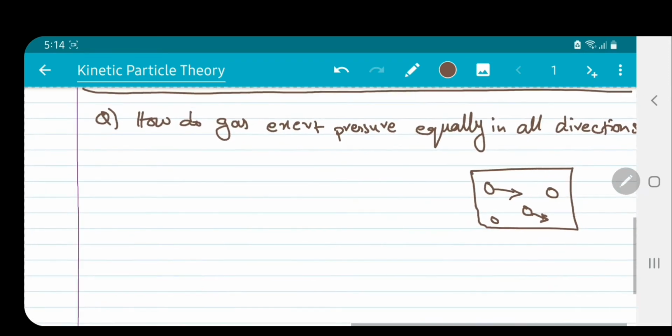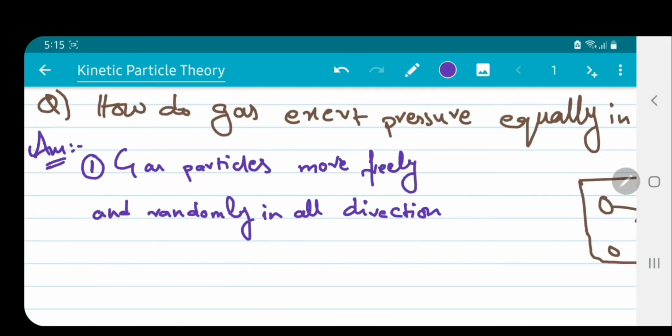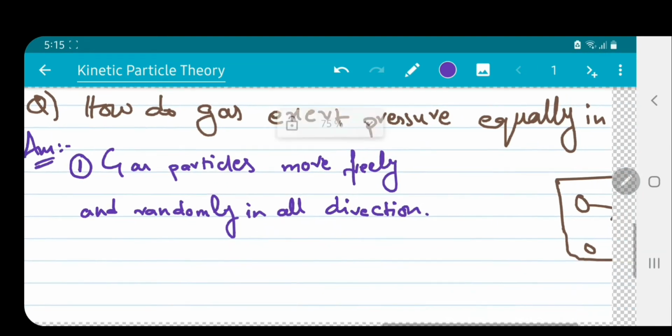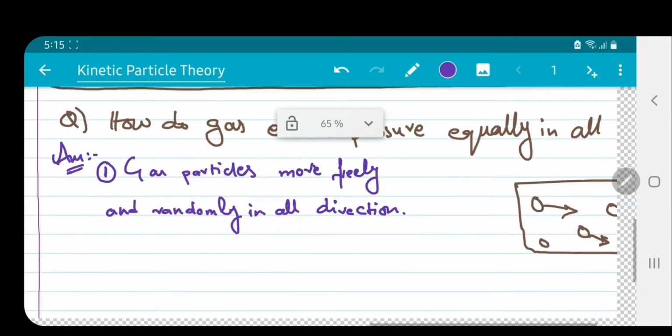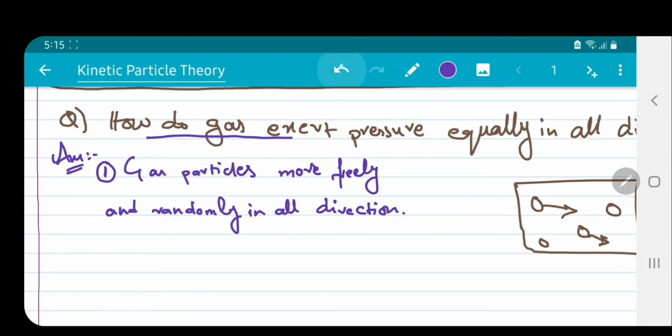So the typical answer could be, our first point: gas particles move freely and randomly in all directions. Keep in mind that we are explaining why and how gas molecules exert pressure. This is the key statement of the question.